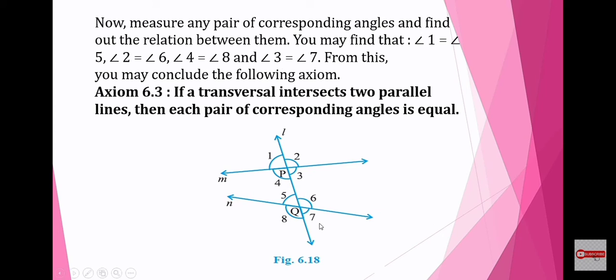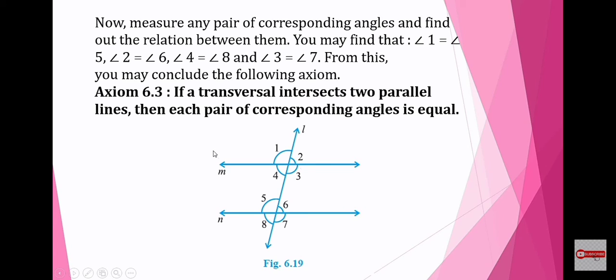So what does the axiom state? The axiom states that if a transversal intersects two parallel lines, then each pair of corresponding angles is equal. This axiom 6.3 is also known as the corresponding angles axiom.